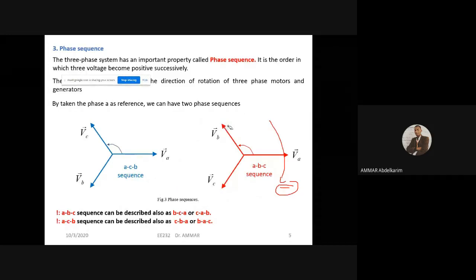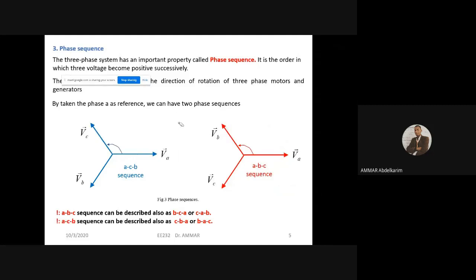The difference appears when we are going to determine the line and the phase voltages. For example, if we are going to add A to B, we can move B to this direction, and this vector is VA plus VB in this phase sequence.